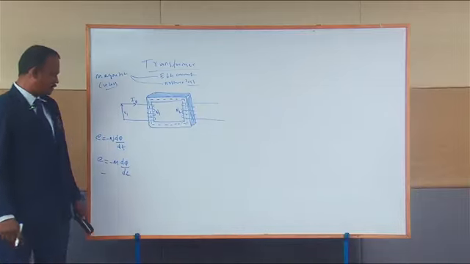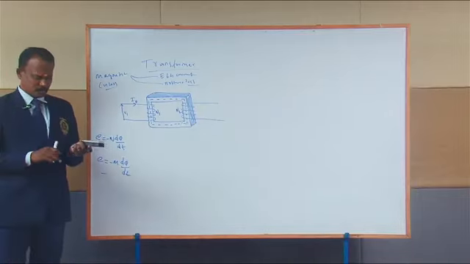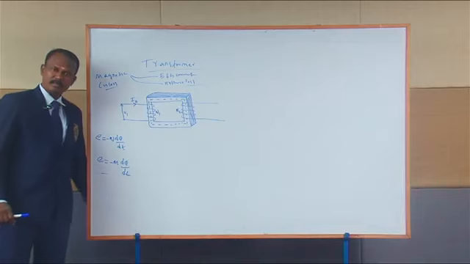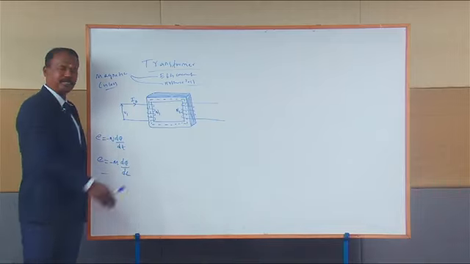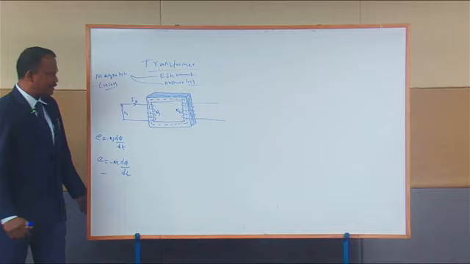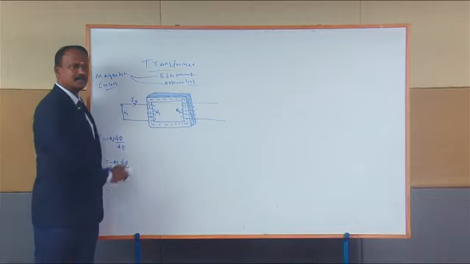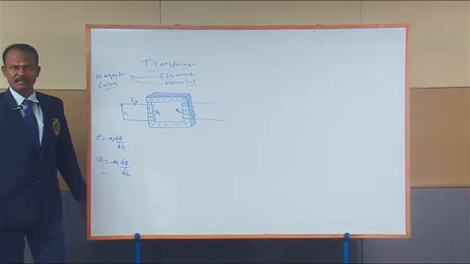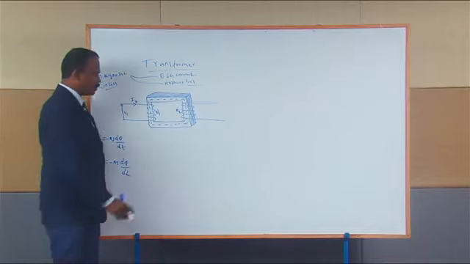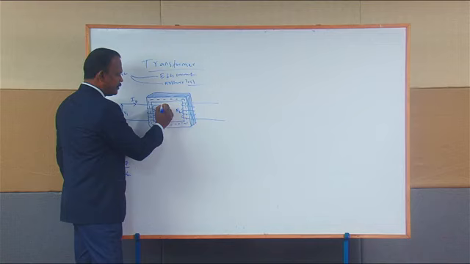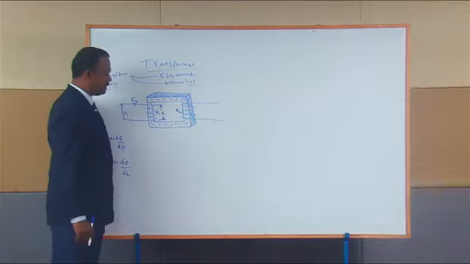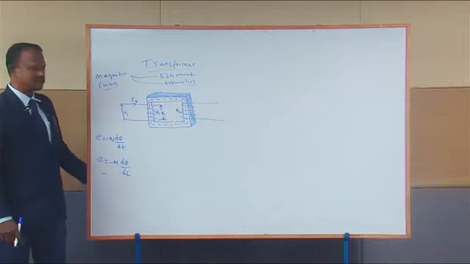So at the moment you apply the voltage to the primary winding, a small current flows from the supply to the primary winding. Then an EMF is induced in the primary winding according to Faraday's law. The EMF induced across the primary winding, I call E1.